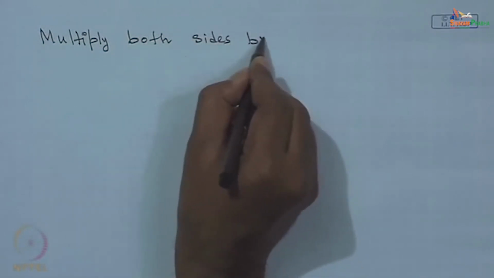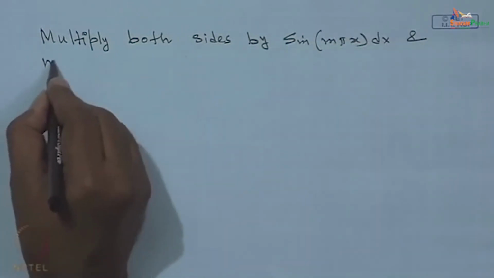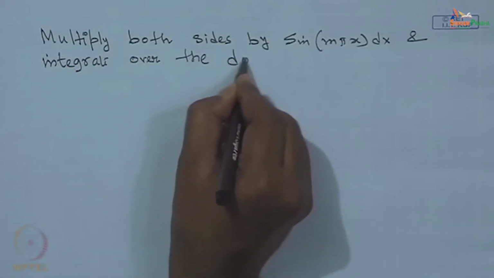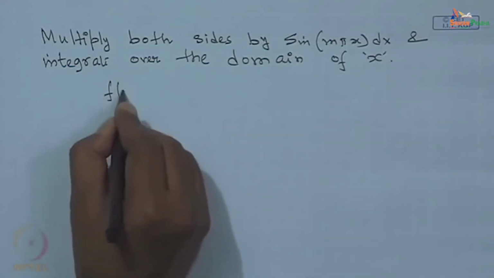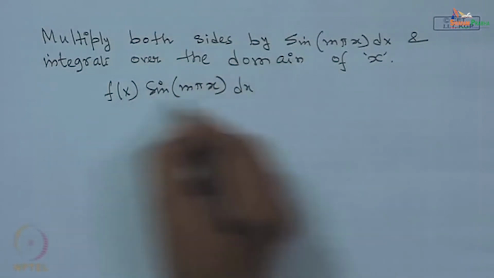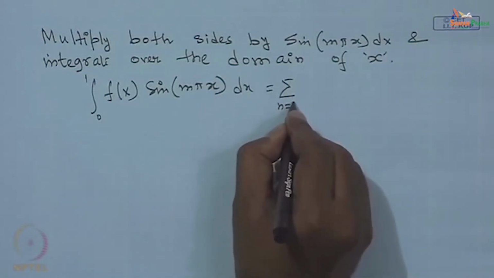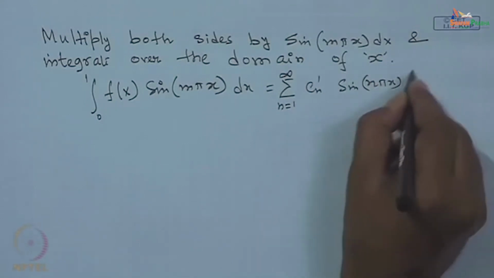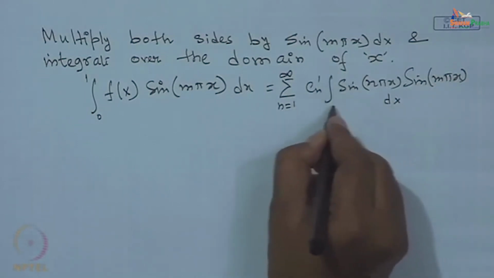If you do that, it will be integral of f of x sin m pi x dx from 0 to 1 is equal to summation n is equal to 1 to infinity C n prime integral of sin n pi x sin m pi x dx over 0 to 1.